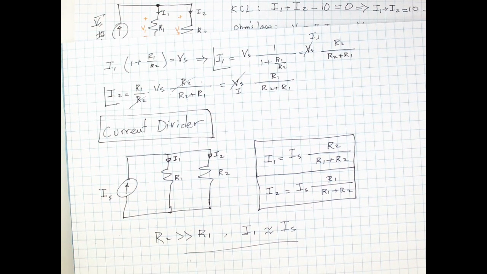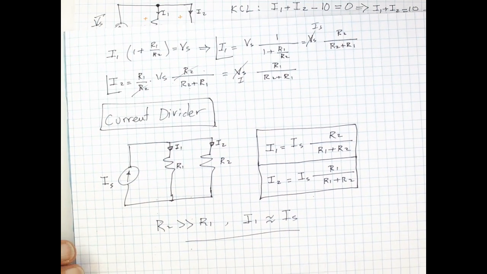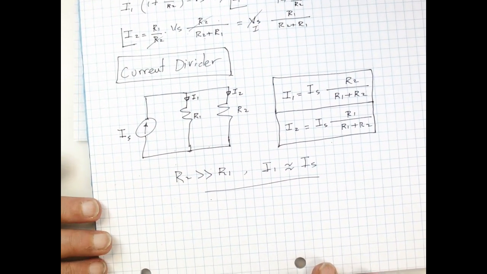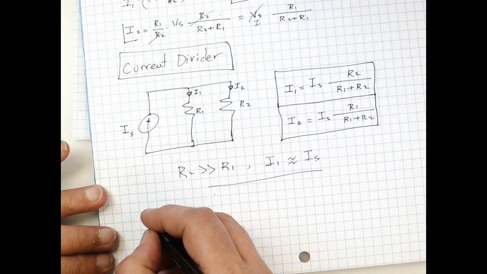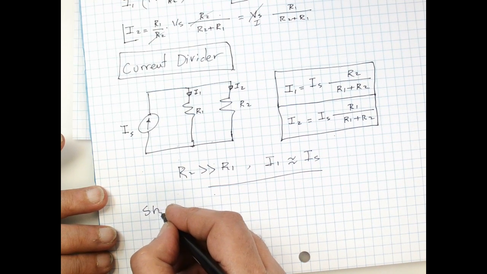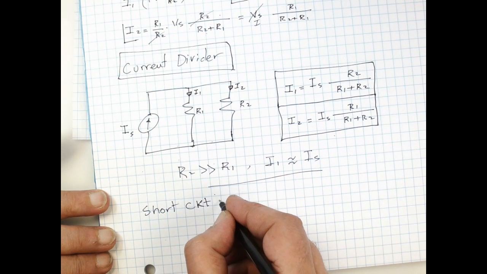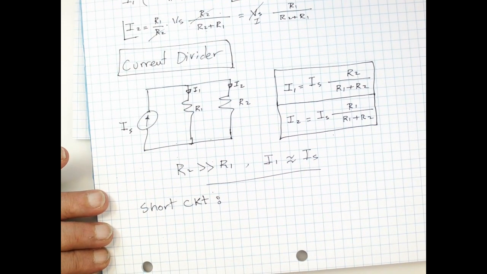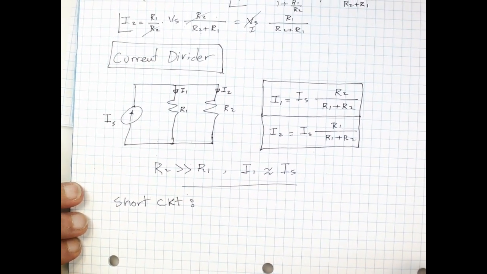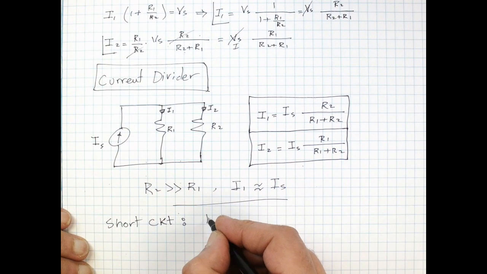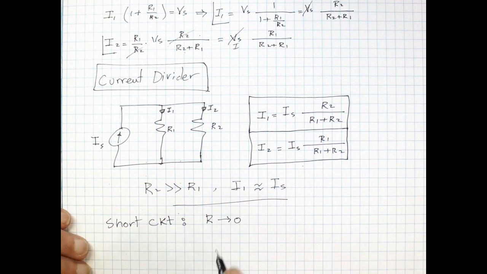that's the extreme case. Since I mentioned the smallest resistor or the largest resistor, let's introduce a term: short circuit. A short circuit essentially means that the resistance goes to zero, or the resistor is actually equal to zero. So if you have a circuit and between two nodes there's a piece of wire, we say that there's a short circuit in that wire.